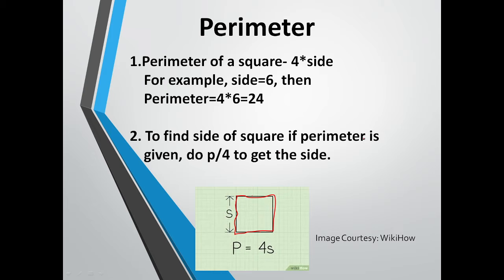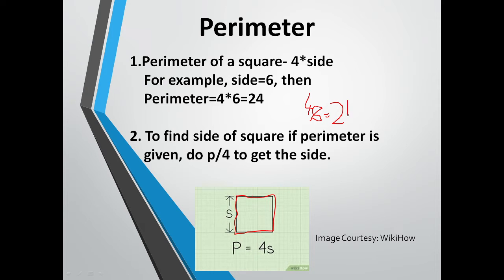To find the side of a square, if the perimeter is given, we do P by 4 to get the side. So this is the derivation of the actual formula. What we are doing over here is 4s. Pardon me for my bad handwriting. 4s is equal to, for example, the example that I have given, 24.